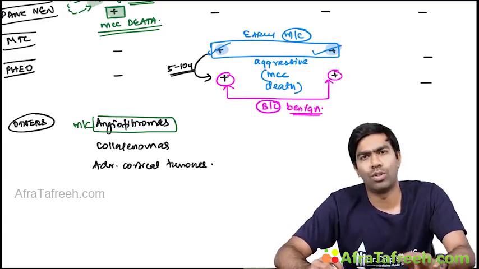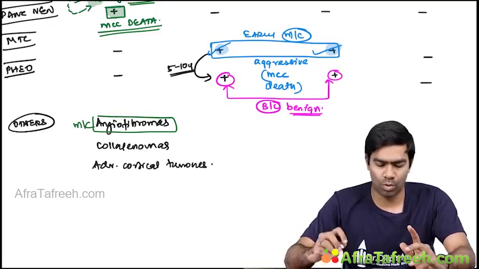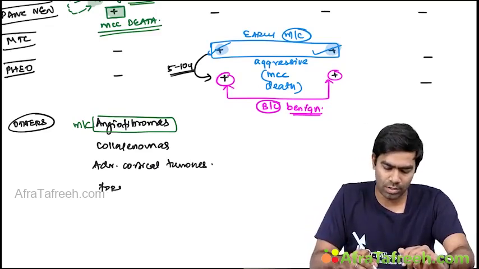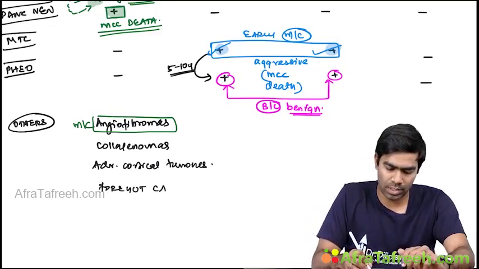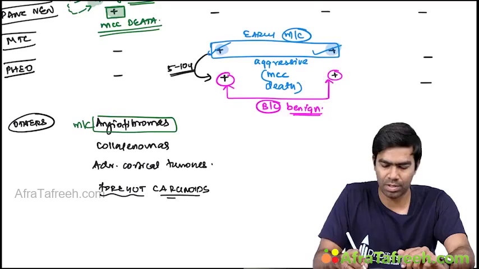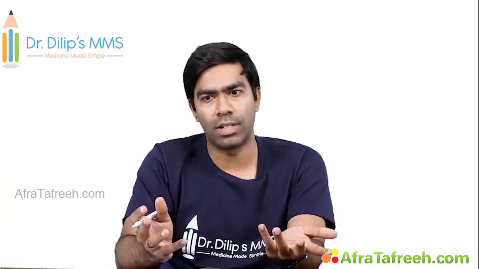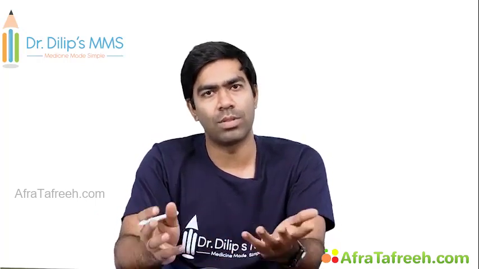Please also note the fact that these patients are more prone to foregut carcinoids. That's again very important. Why is that point important? Because carcinoids are extremely common in the midgut, not in the foregut. So what is the most common site for a carcinoid? Controversies apart, the distal part of the midgut, that is your appendix, tends to be the most common site for carcinoid, followed by the distal ileum.